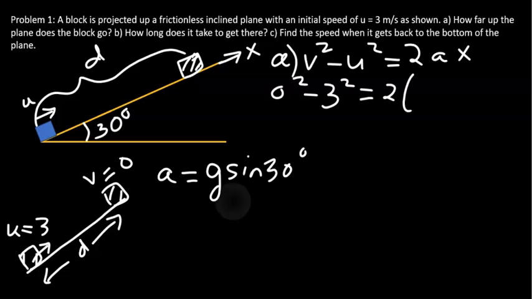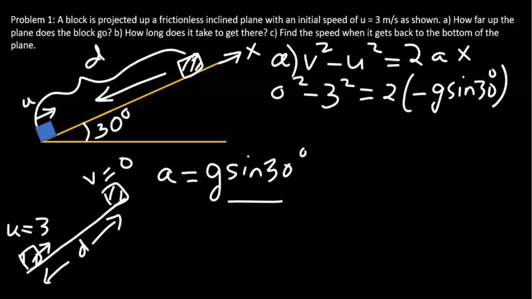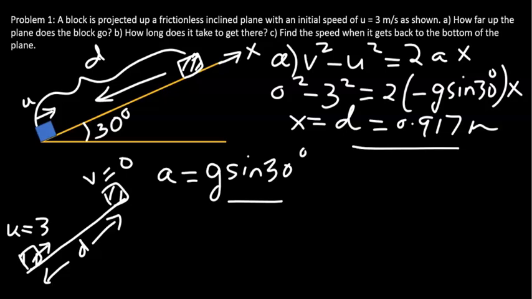Now the magnitude of the acceleration is g sine theta, but note that it's acting in a direction opposite to the positive x-axis. So it's going to be minus g sine 30 degrees times x. And you can determine x. In this case, it is quite simply d, which will give you 0.917 meters. And that's part A.